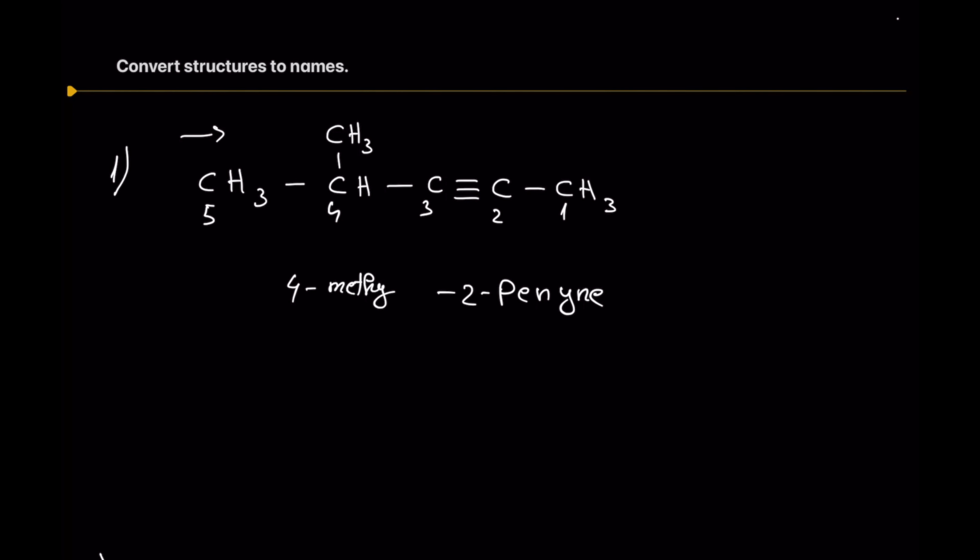In the newer naming, you can find this 2 number inside, like 4-methylpent-2-yne. Okay, so both of these are accepted. This is the newer naming, this is the older one. But either of these will give you a correct answer.